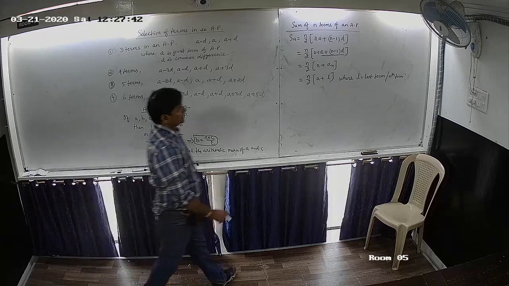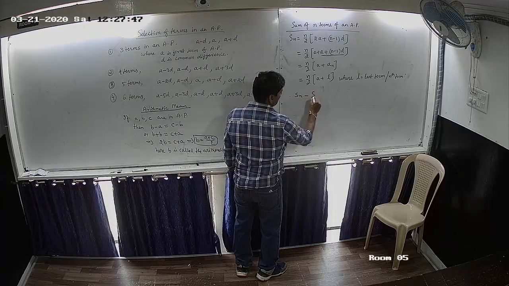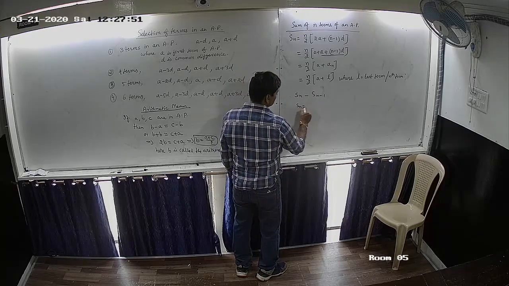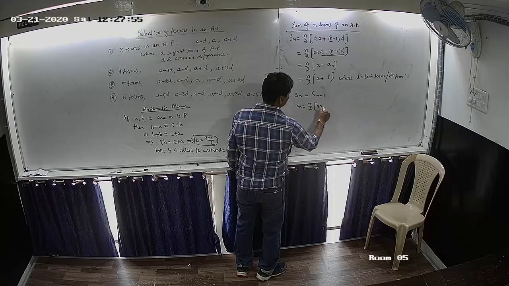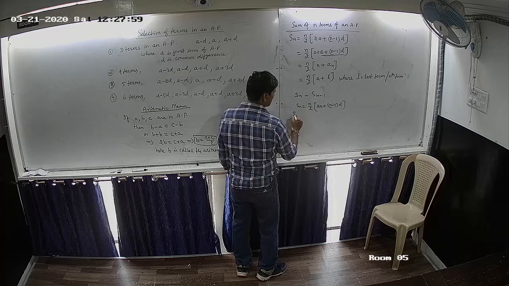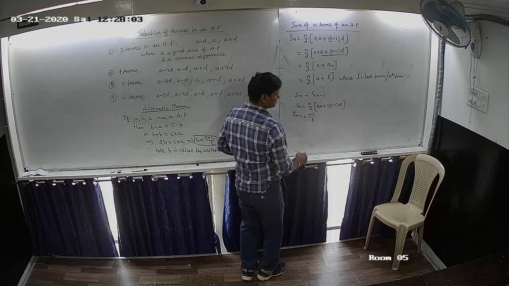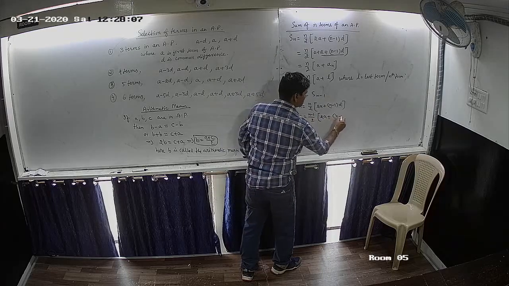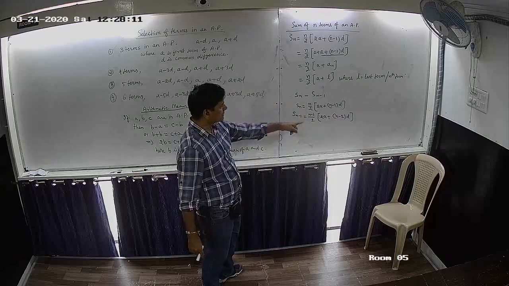Now let us find out Sn minus Sn minus 1. Sn here is equal to n by 2 into 2a plus n minus 1 into d, and Sn minus 1 is equal to n minus 1 by 2 into 2a plus n minus 2 into d, since n minus 1 minus 1 is n minus 2.